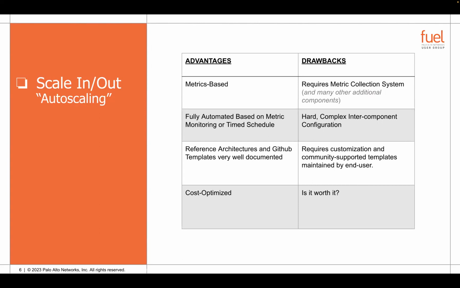However, scaling in and out is a little bit more complex than scaling up and down. It requires that you are collecting metrics about those virtual machines so that you know when you need to scale. It usually requires some type of automation. It can be based off of timing, right?